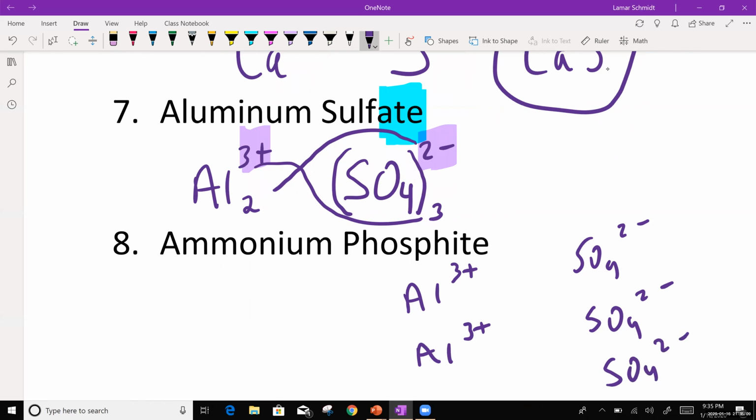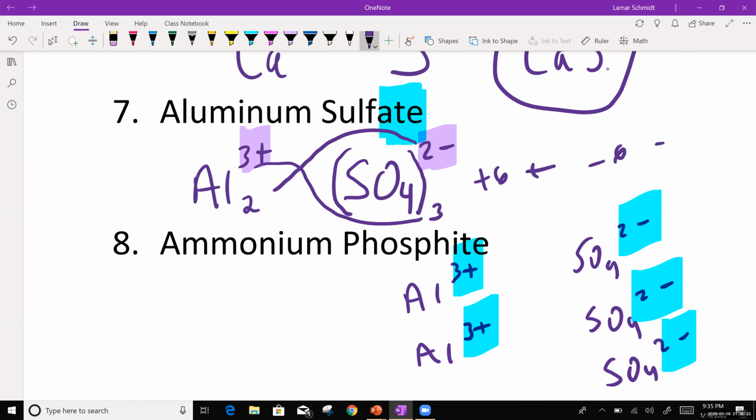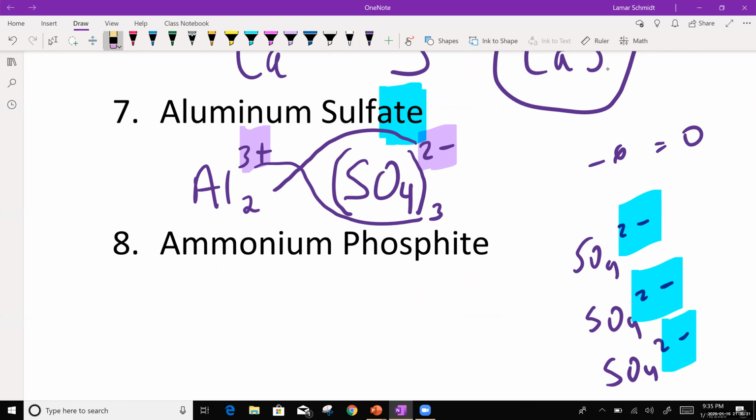And if you add all these charges up, 2, 2, 2, it's going to get you -6. And if you add these up, 3 and 3, you're going to get +6. And 6 plus -6 equals 0. So the sum of my charges equals 0. That means I did this correctly. So all I have to do is rewrite this.